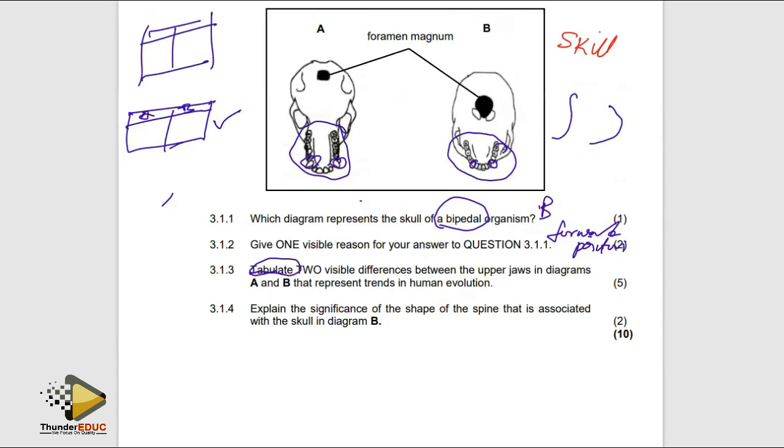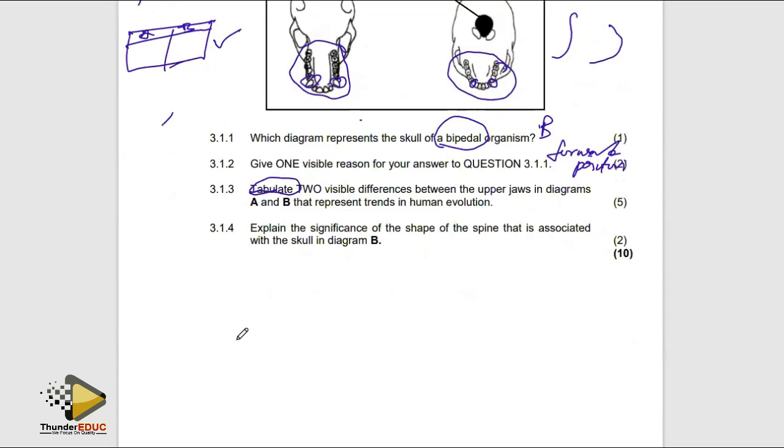Skull B, we say that it is walking on 2 limbs, and the shape of the spine, if you look at it, is S shape. Because they didn't say which shape it is, mentioning the shape could make you earn a mark. Therefore, the shape is S shape.